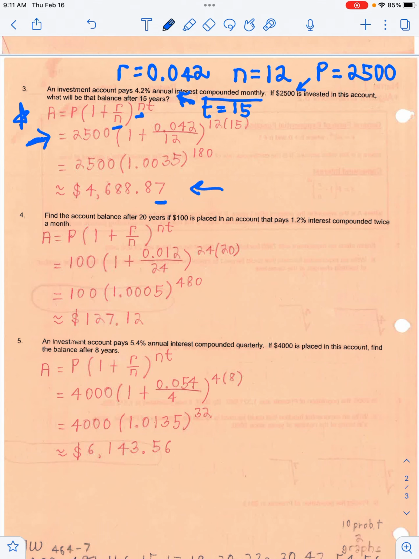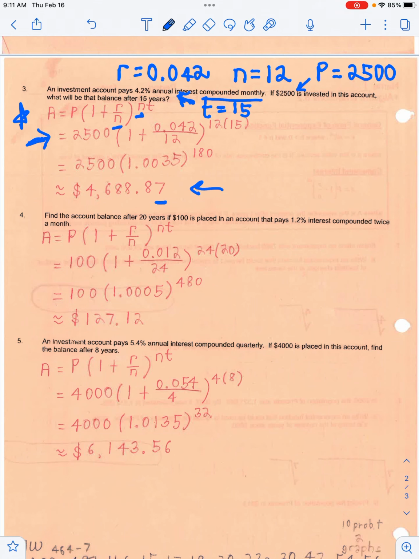Or that can mean twice as many weeks. 52 times 2 is 104. It's probably more common to think of bi-weekly as every other week and 26 times. So look at that in some of the homework problems.